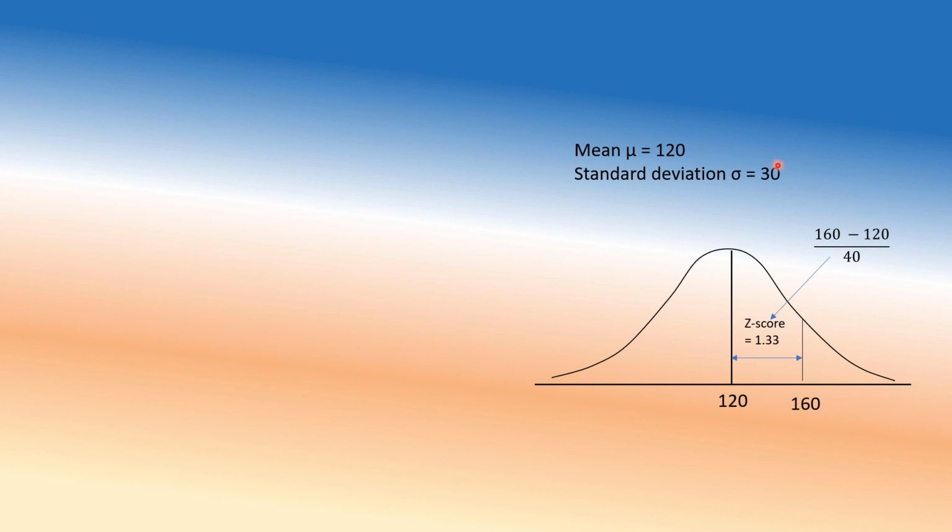But sigma is 30. So we divide 40 divided by 30. That gives 1.33. So we are going to say that our point 160 is 1.33 sigmas from the mean, or the z-score is 1.33. And that's it. That's how we do it.